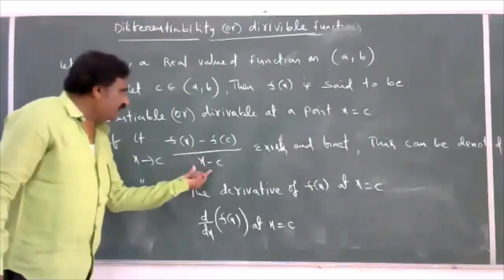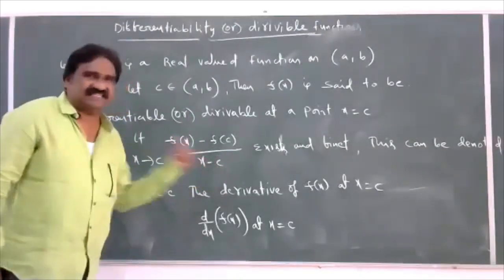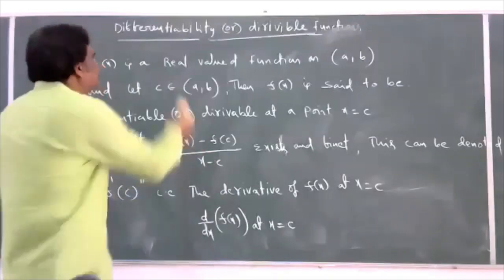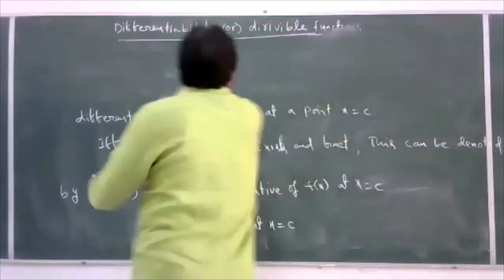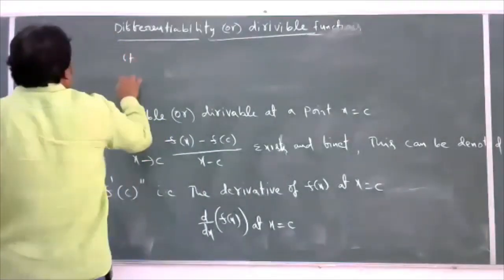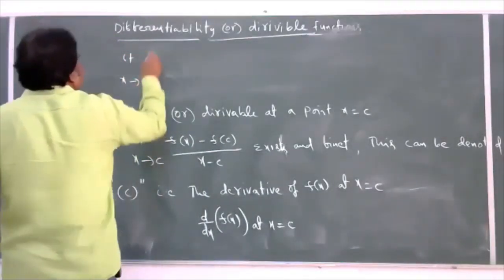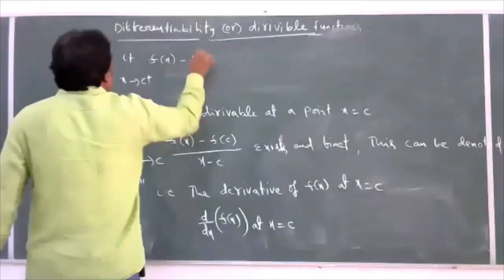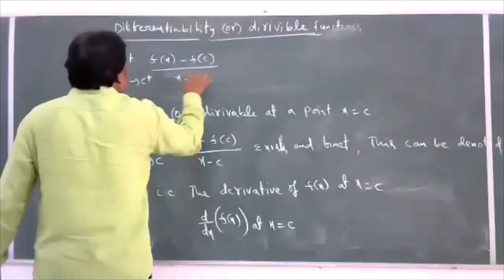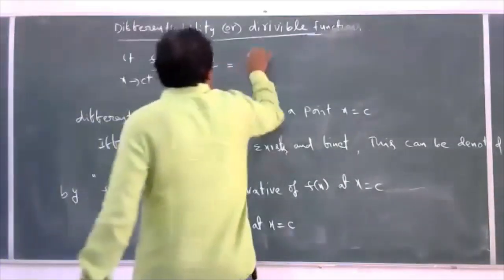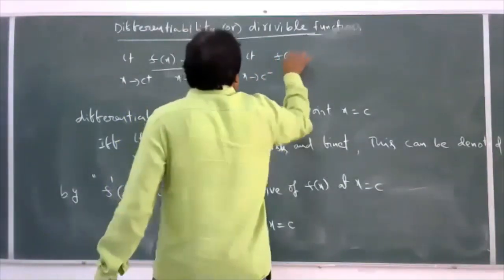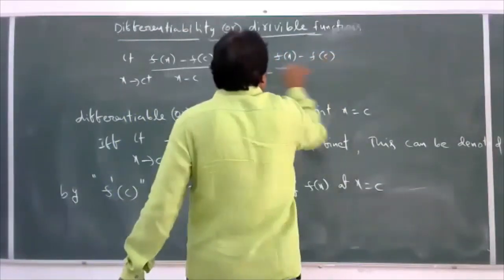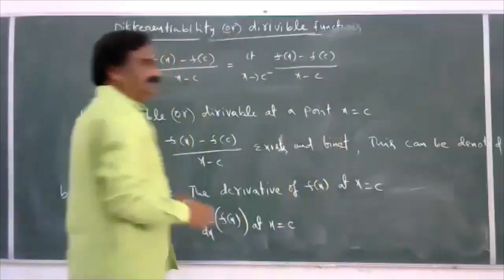So here, this limit exists means the limit as x tends to c plus of (f of x minus f of c) by (x minus c) is equal to the limit as x tends to c minus of (f of x minus f of c) by (x minus c).